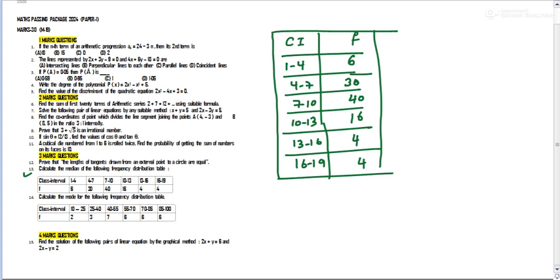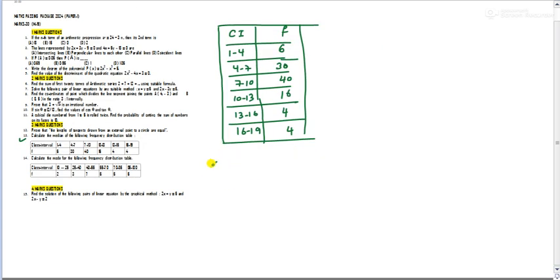So whenever they give you median, to find median, you know we have the formula: median is equal to L plus (n by 2 minus CF) divided by F into H. This is the formula we have, right?